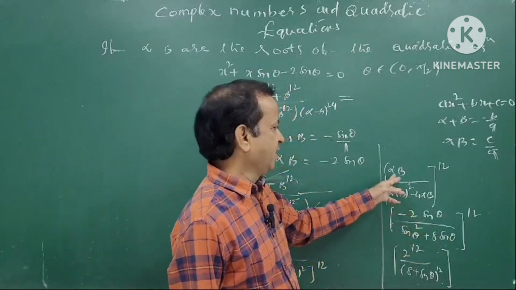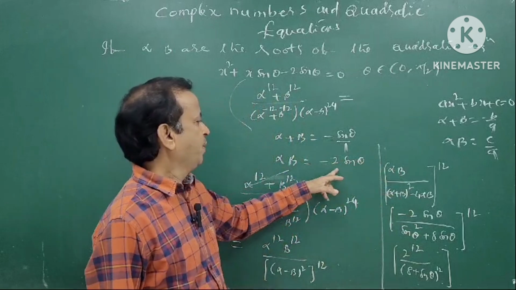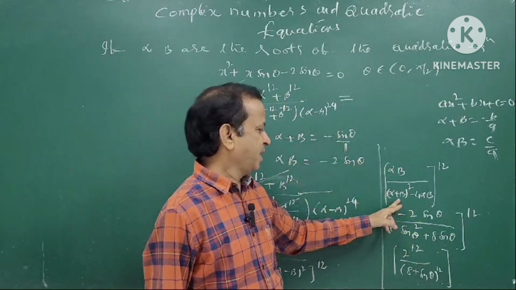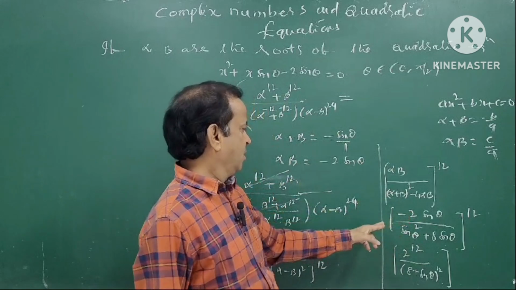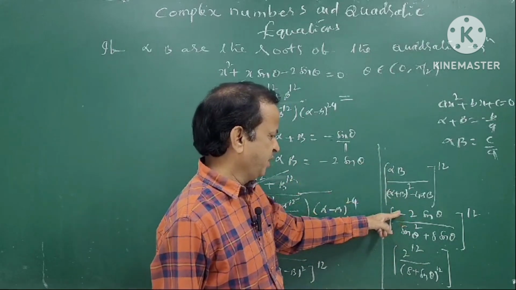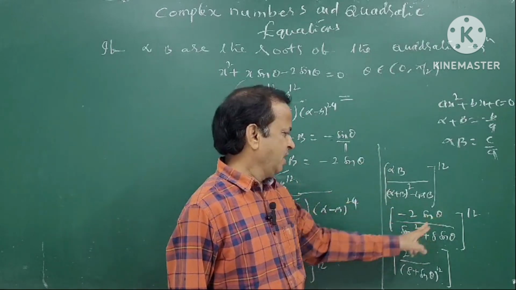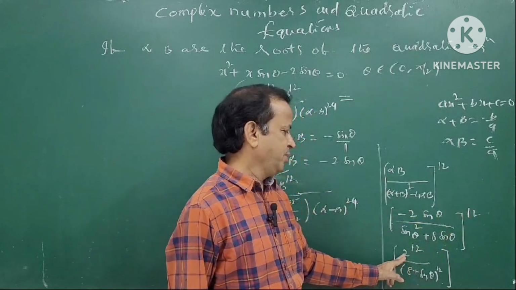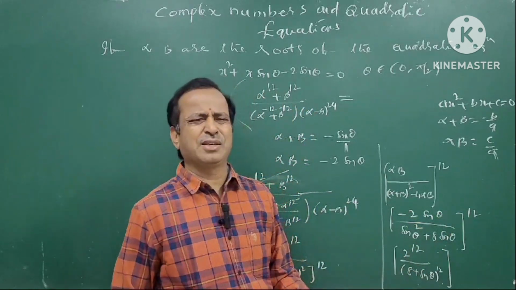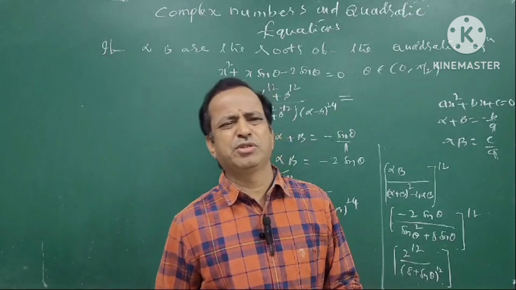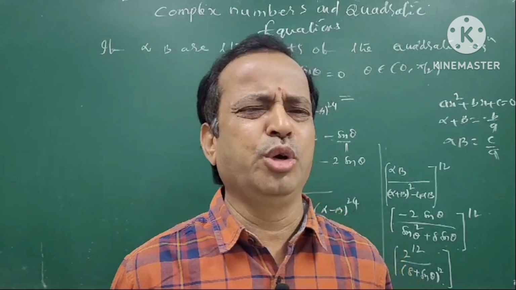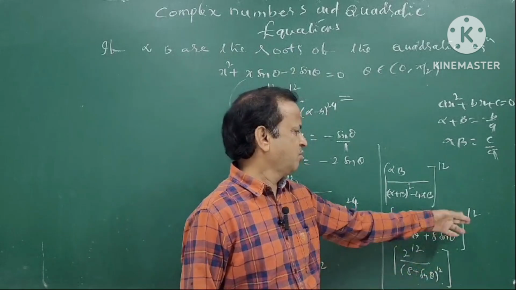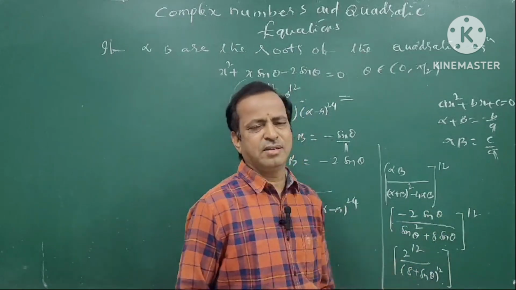After substituting the alpha beta value minus 2 sin theta and the alpha plus beta value minus sin theta, here sin theta cancels, minus whole power 12. It should be plus. No need of doing all the steps, my dear. These are memory based questions; you are going to use memory maximum and do very few steps. Minus to an even power 12 is plus. This is the final answer.